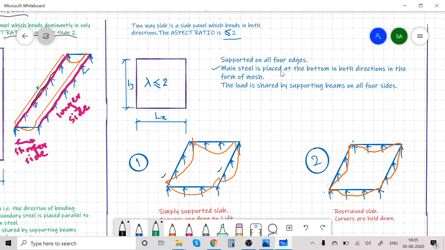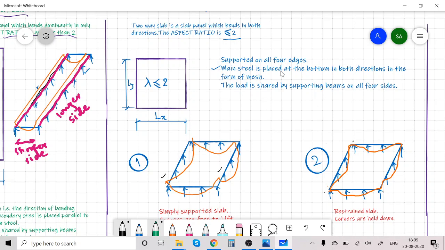The load is shared by supporting beams on all four sides. So it is a squarish slab. Ly by Lx is less than or equal to 2. The slab bends in both directions, x direction as well as y direction.